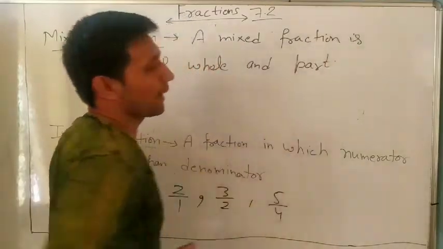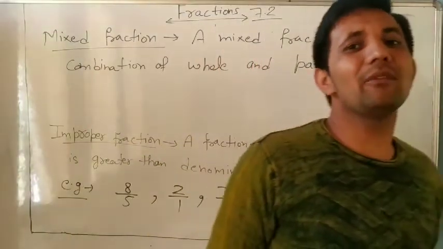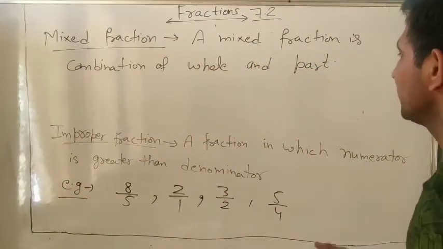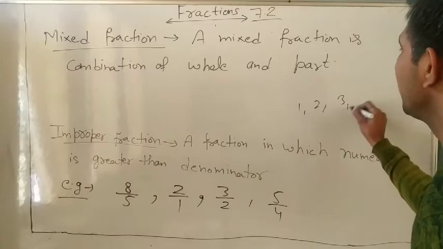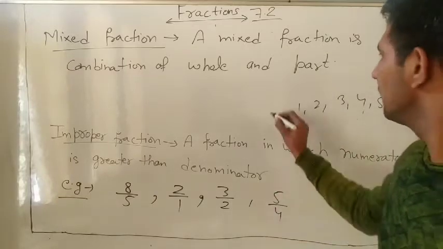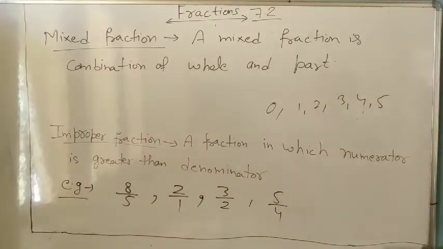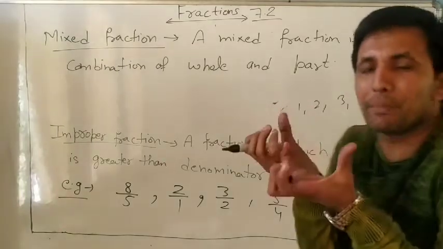Whole and part. Always remember, fraction is always a part, and whole is, what is whole? 1, 2, 3, 4, 5. Whole numbers. 0, 1, 2, 3, 4, 5, 6, 7. All these are whole, meaning completely one thing.